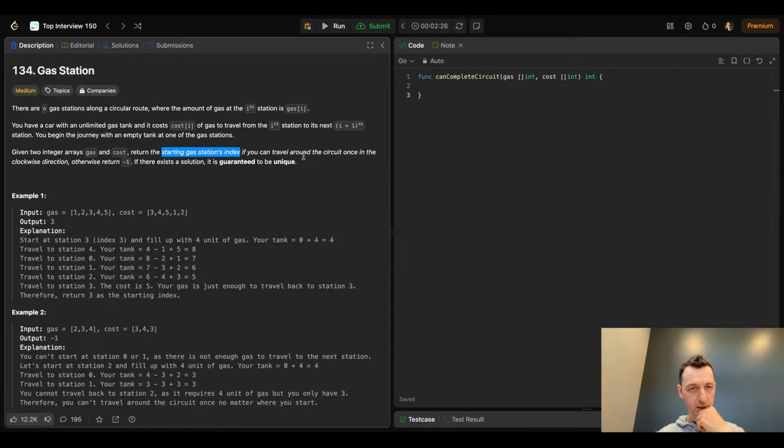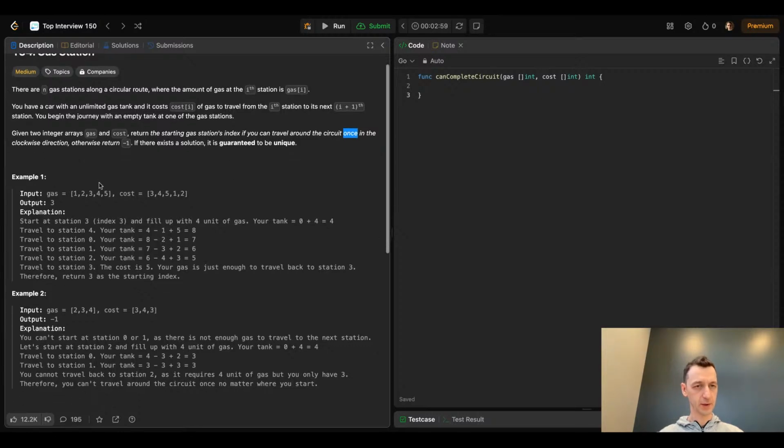Okay, one of the gas stations, if you can travel around the circuit once in the clockwise direction. And I'm thinking, does once mean just once or at least once? Otherwise, return -1. Okay, there is one gas station if you start there.